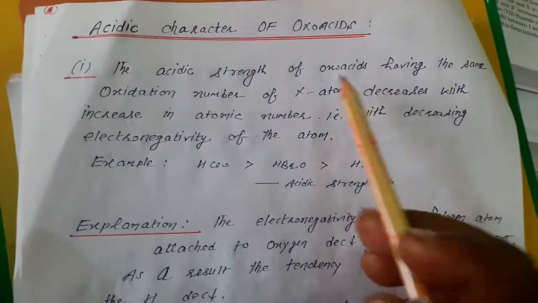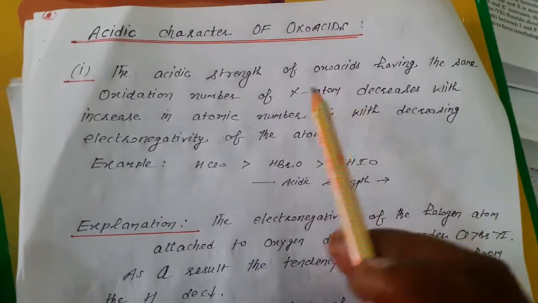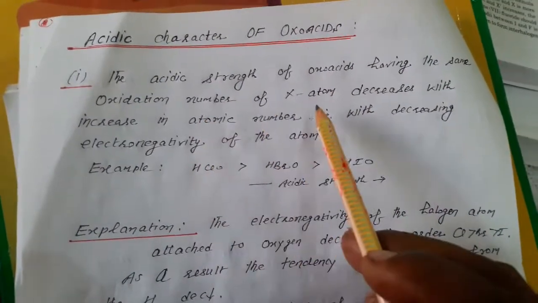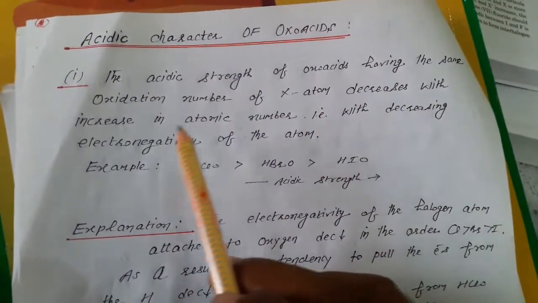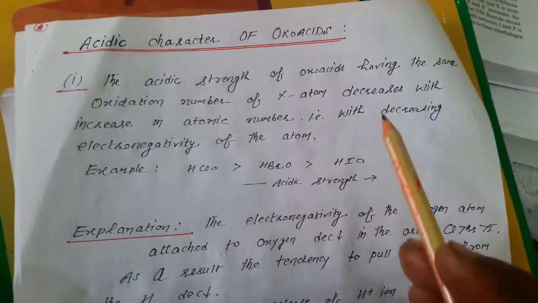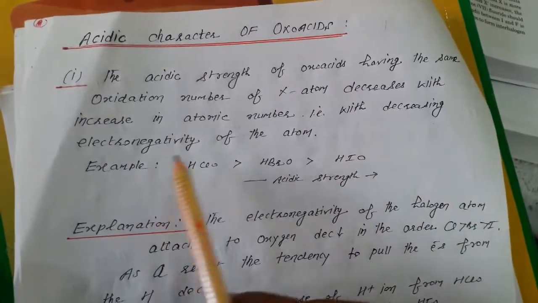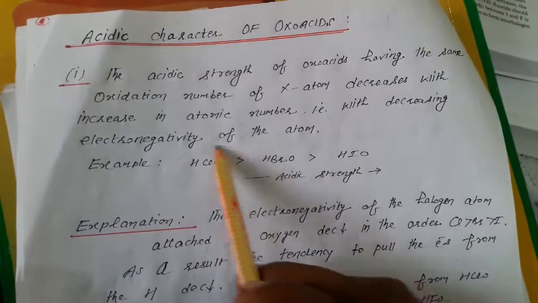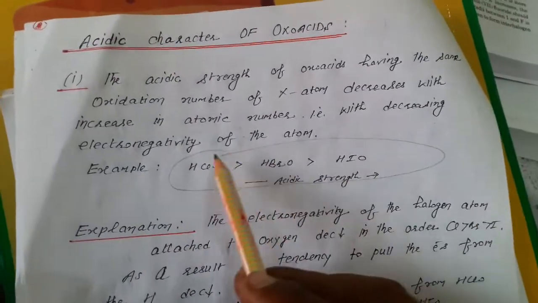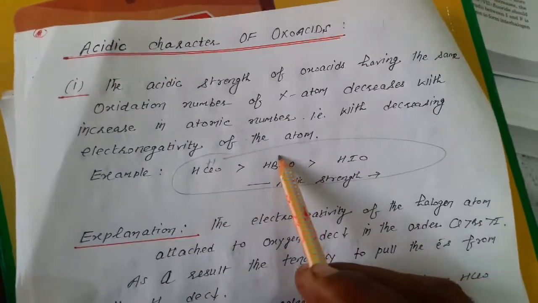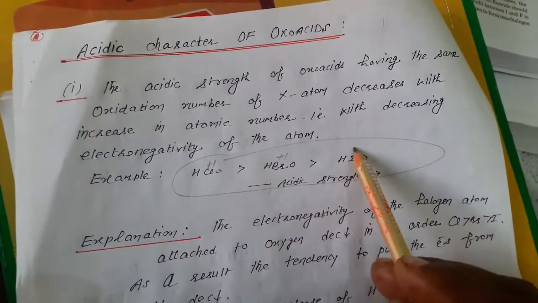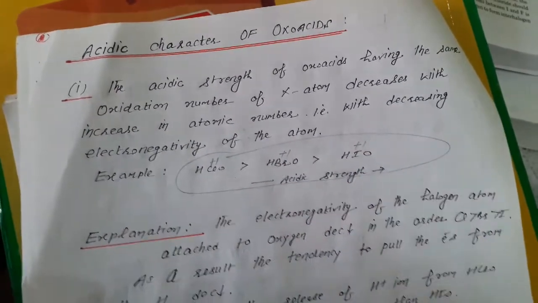Next we see the important characteristics related to oxo acids. The acidic strength of oxo acids having the same oxidation number of the halogen atom decreases with increase in atomic number, and with the decreasing electronegativity of the atom. This is the first order of acidic strength, where the oxidation number of the different halogens is the same. Next is the explanation.